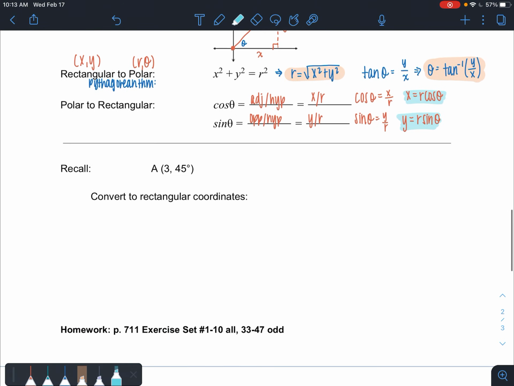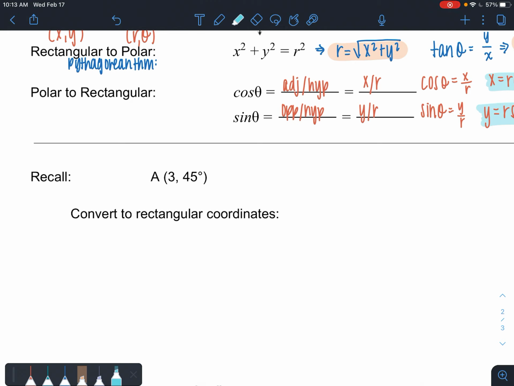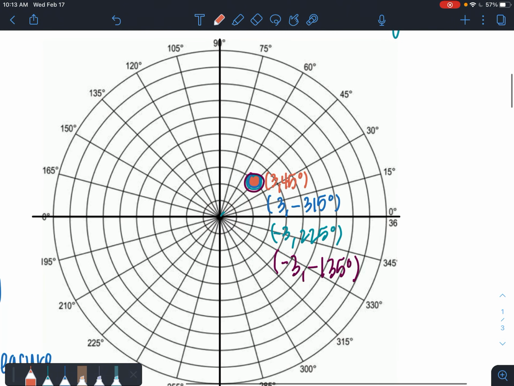I'm going to show an example of this. Here we have our opening problem, which just says recall. 345 looks like this. It's this angle.